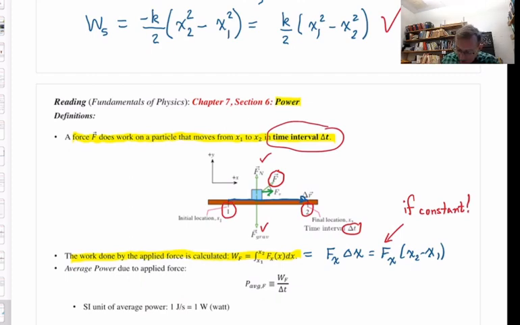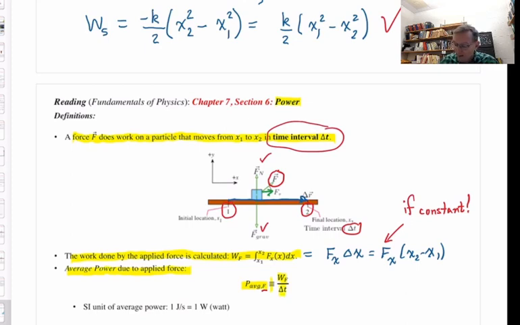Here comes the definition of average power due to the applied force. Okay, symbol, capital P, subscript AVG, it's called average power, and I like to add a subscript telling you what force is responsible for this power, in this case the applied force F. So the definition, note the 3 lines, of average power due to a force F is the work done by the applied force divided by the amount of time it took to do that work.